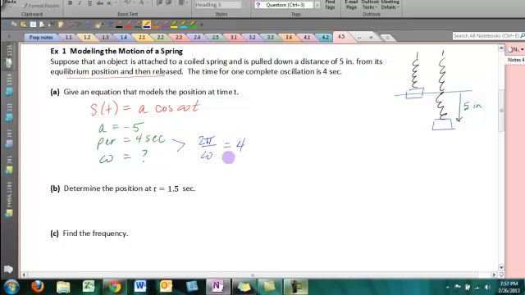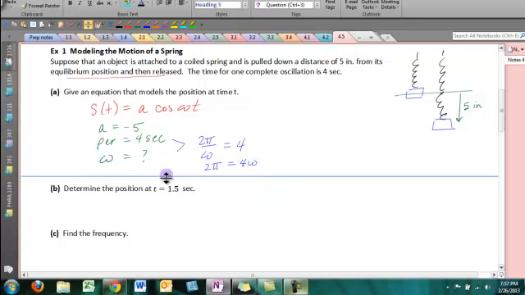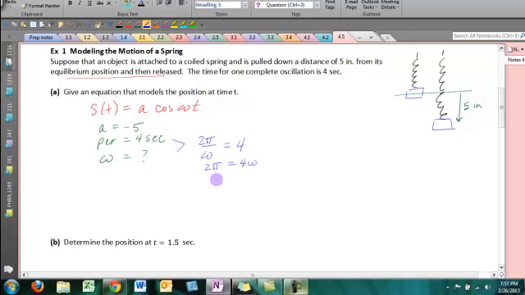So we're setting it up like this so I can solve for W. Cross multiply, I get 2 pi is 4W, and then I end up with W equals pi over 2, because I'm going to divide by 4. Okay, so now I know what W is, I know what A is, I can write the equation.